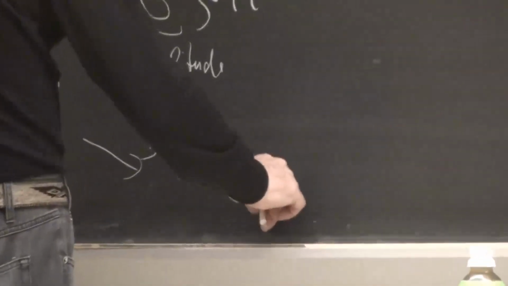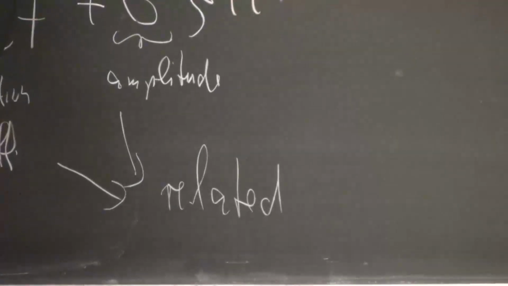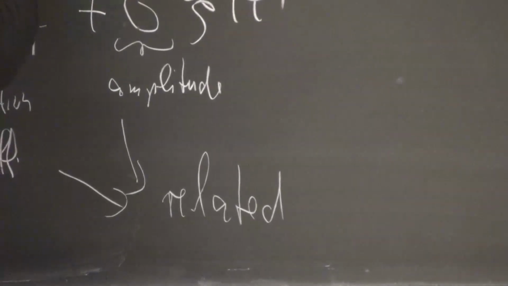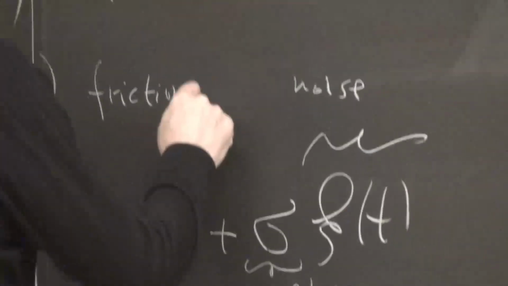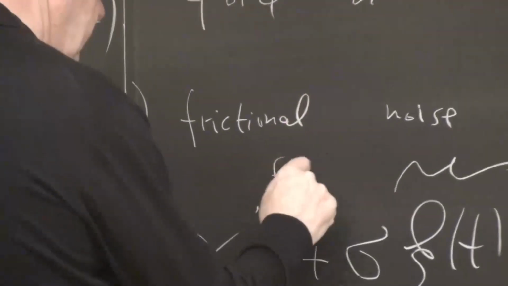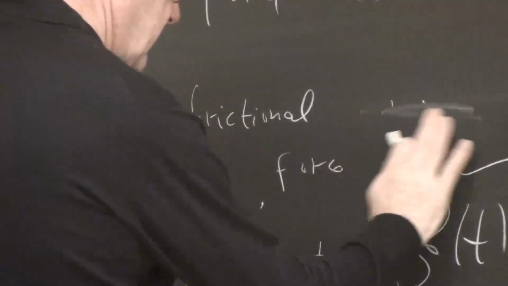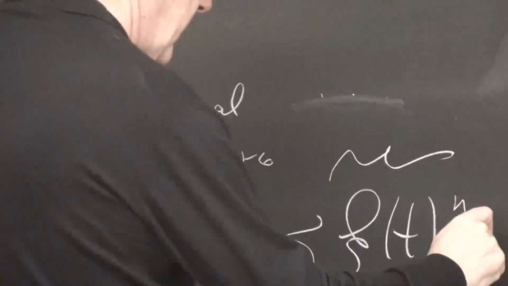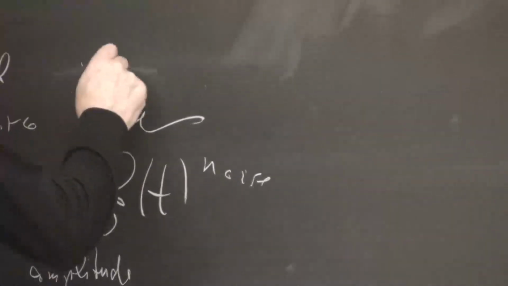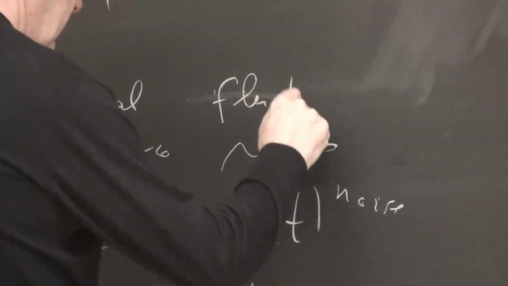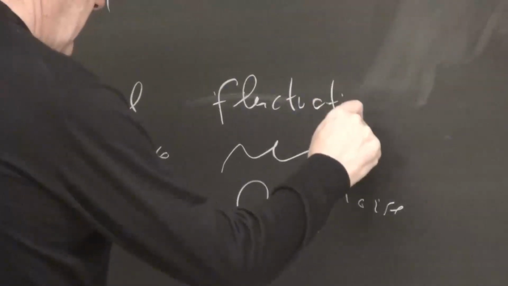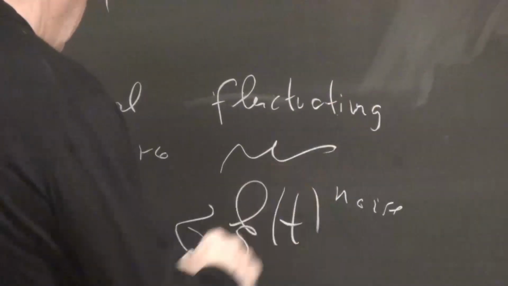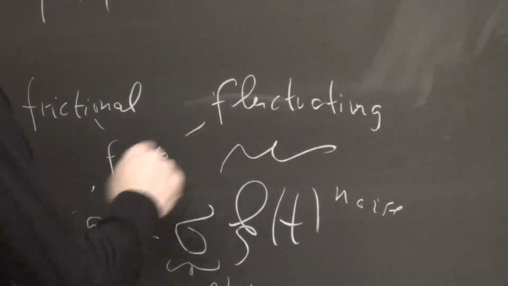So this one you call the friction, the frictional force. And this one here we call the fluctuating force. So they're both forces.